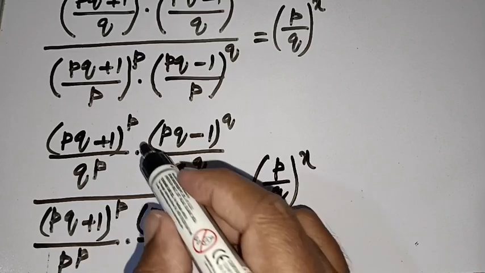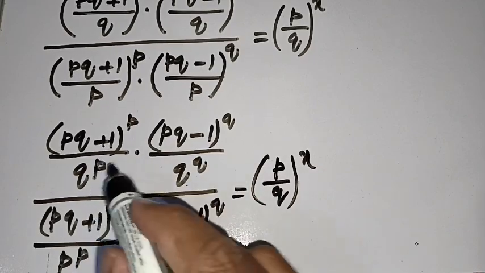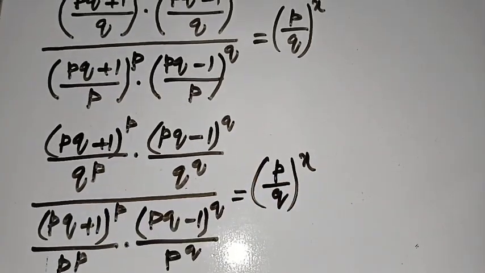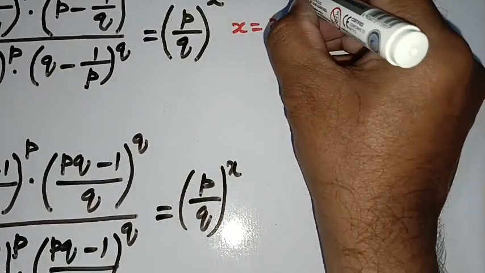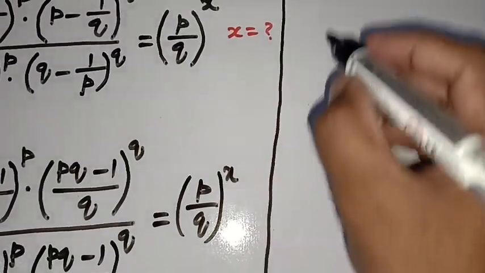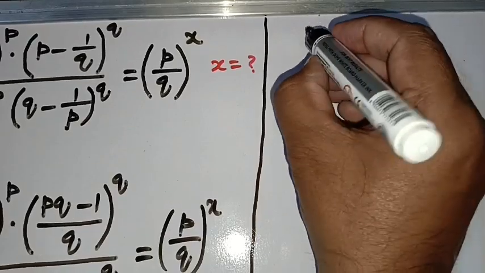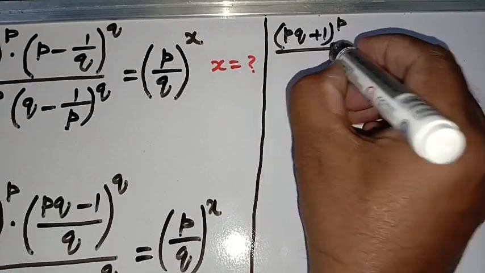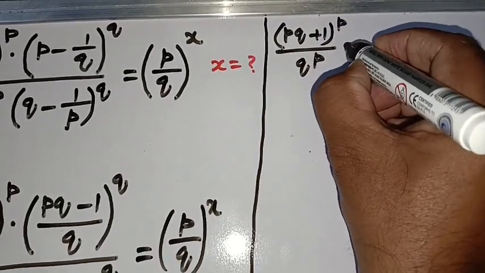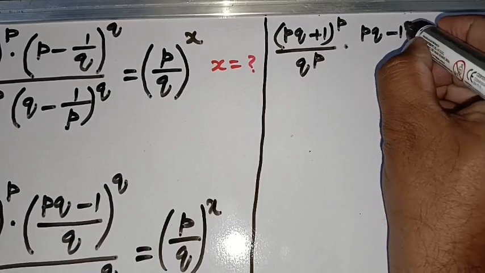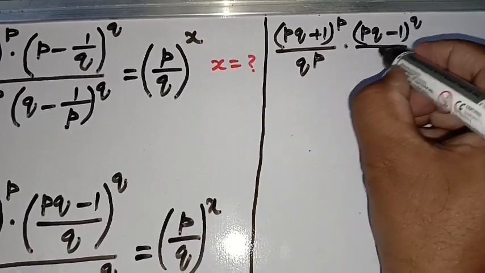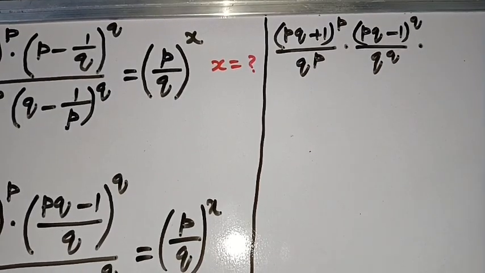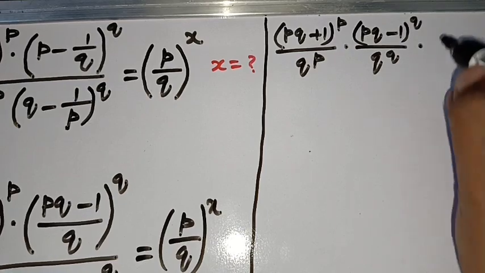We have got a double fraction of the type (a/b)/(c/d). Then we can write a/b times d/c. So the second fraction becomes its reciprocal and we can multiply the first numerator and the denominator. Rewriting this, we have (pq + 1)^p by q^p times (pq - 1)^q divided by q^q. Now the second fraction in the denominator becomes its reciprocal.